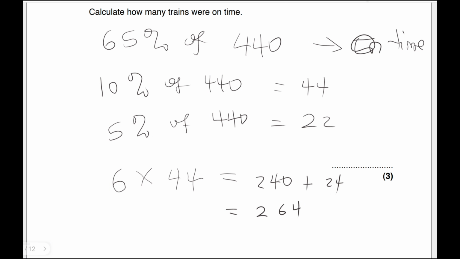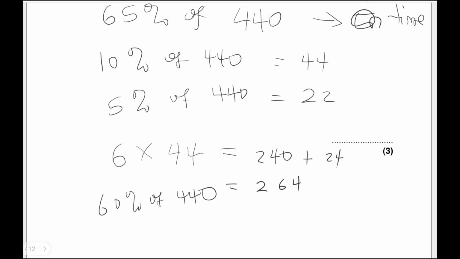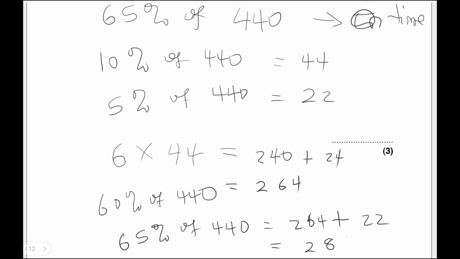So if 60% of 440 is 264, then 65% of 440 is going to be 264 plus 5%, which is 22. So the answer is 286.